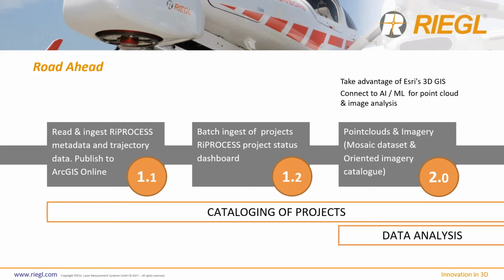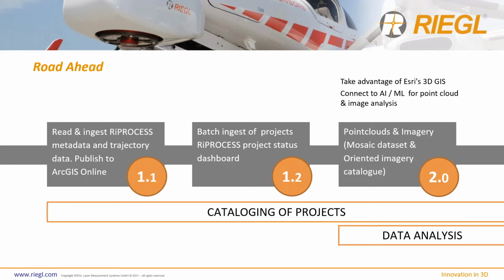With 1.2, which will be released around UC, so in the next couple of days or weeks, maybe 2 weeks or so, we will add this project status dashboard to the portfolio and this batch ingest. So having multiple RiPROCESS projects brought in at once to make it a bit more convenient to build up this catalog. This will be covered in version 1.2.